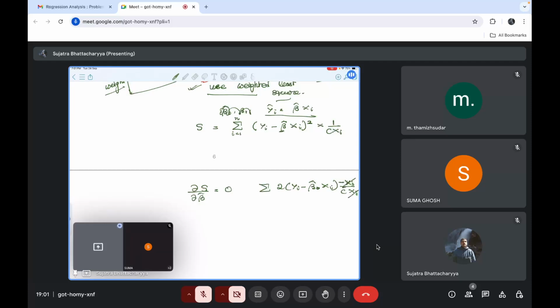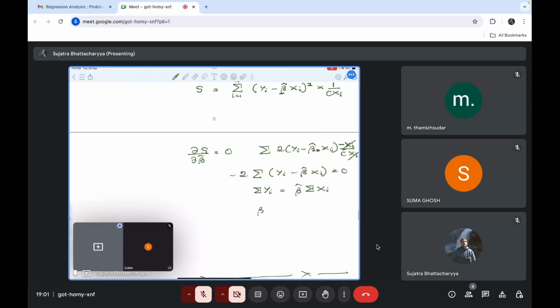So this xi goes, and what you get is minus 2 times yi minus beta hat xi, which should be equal to 0. The minus 2 you can remove. So this will be summation yi is equal to beta hat summation xi. So beta hat will be equal to summation yi divided by summation xi.